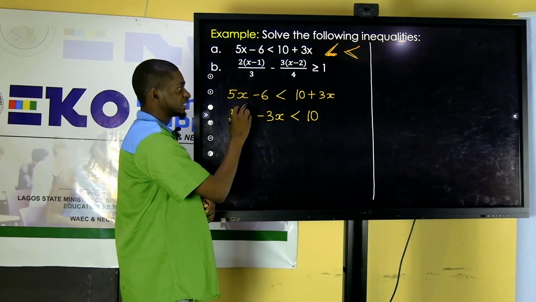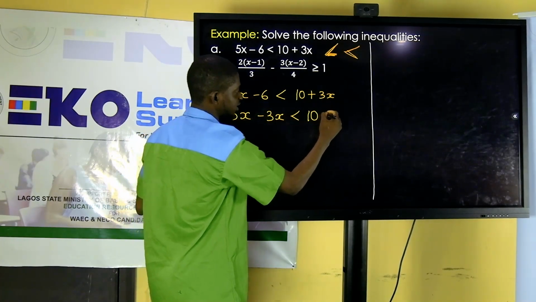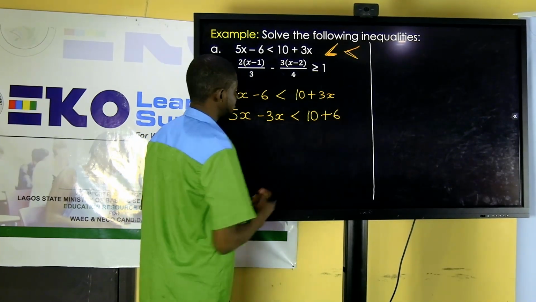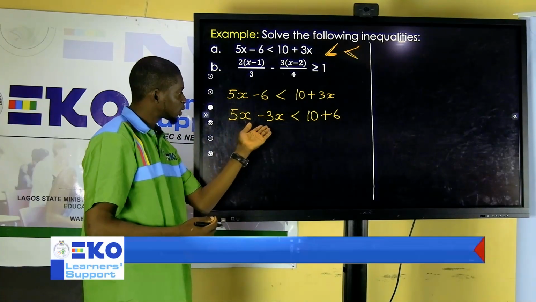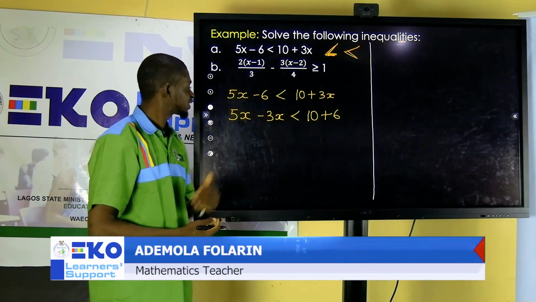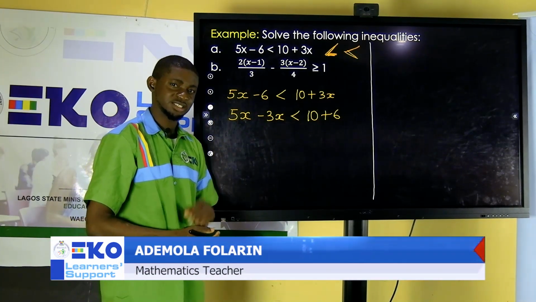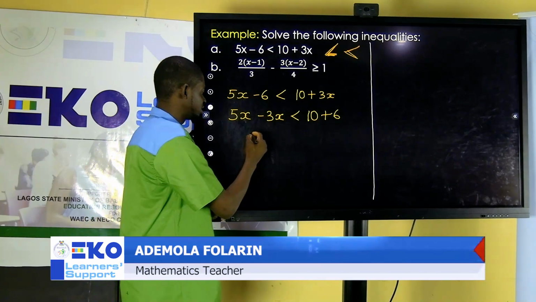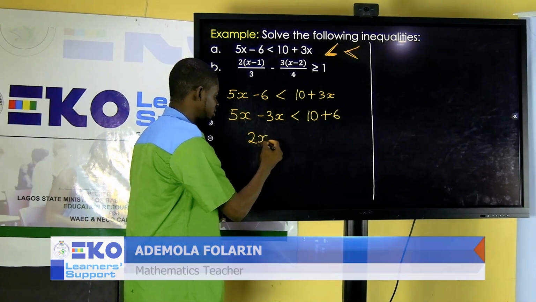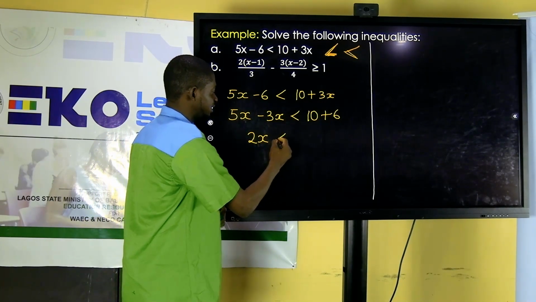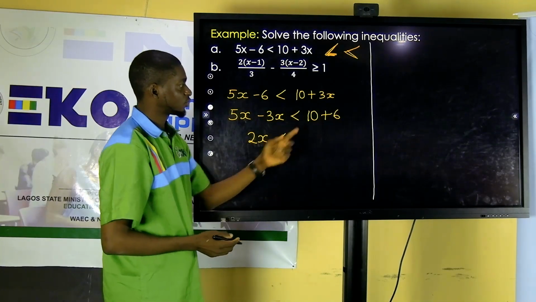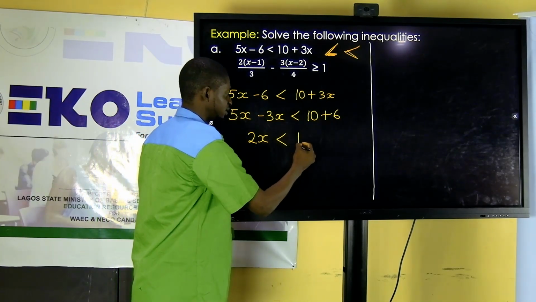This is negative 6. When you take it to this side, it becomes positive 6. Now, when you subtract 3x from 5x, you get 2x, exactly. 2x less than or equals to, what do we have? 16.